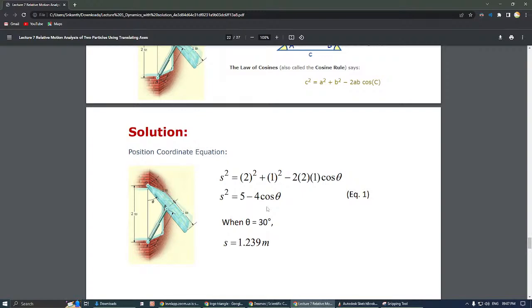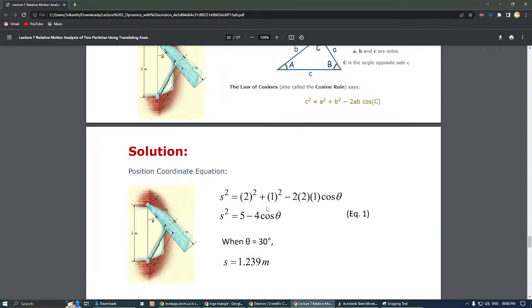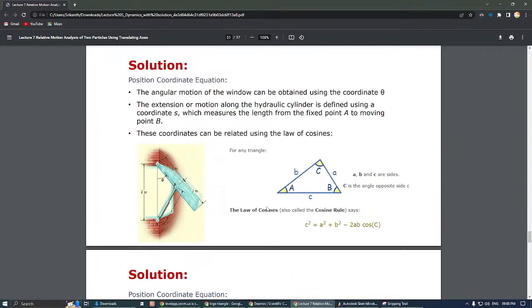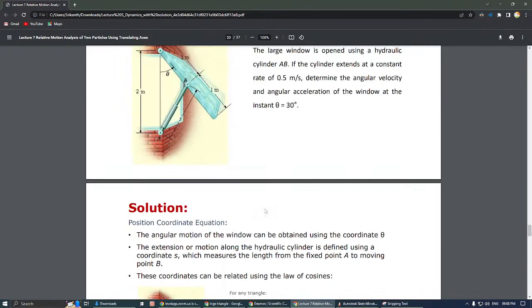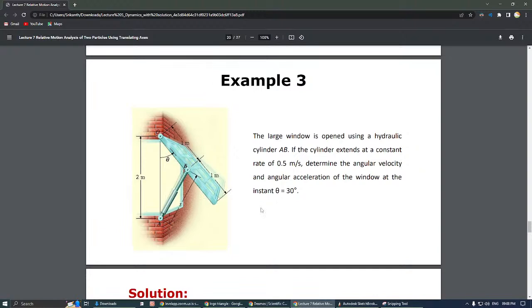An example. Oh, sorry, this window is opened up. The cylinder extends at a constant rate.